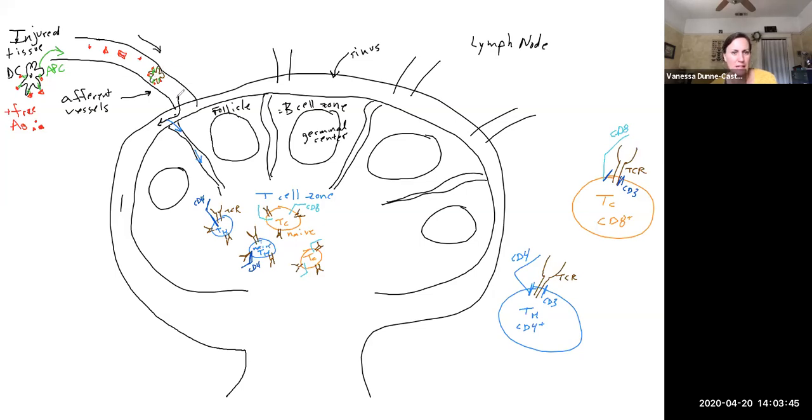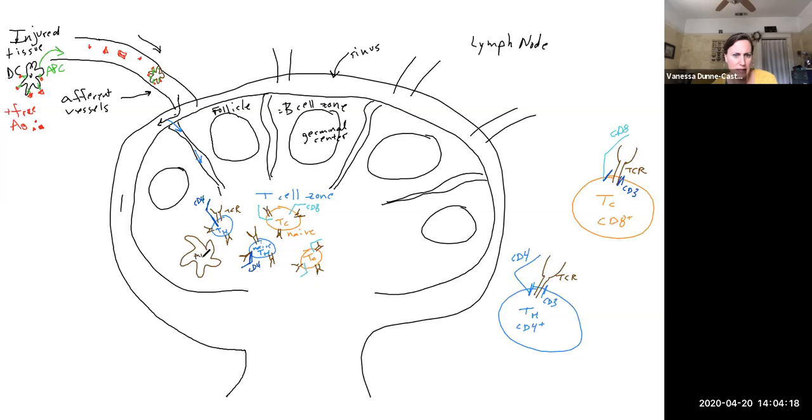So this APC is going to come in and get down into this T cell zone to try to find a T cell, starting with T helper cells, but also cytotoxic T cells, that has a perfect match to one of its presenting antigens, right? So this dendritic cell will be down here moving through.